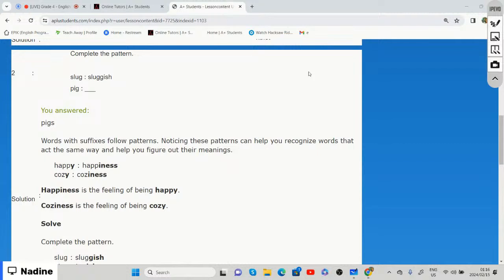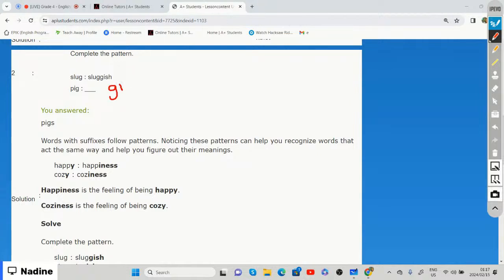All right, so we complete the pattern. We said sluggish, which means that the pattern that we need to follow is by adding ish. Yes, so if our first word is slug or sluggish, then the next one will be pig or piggish.